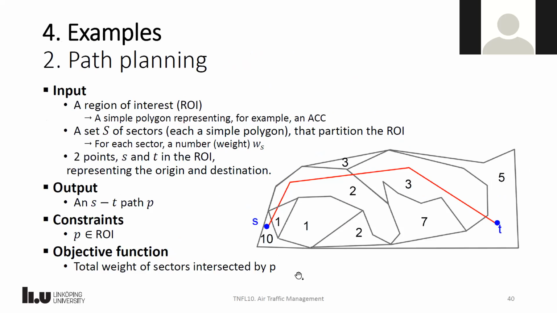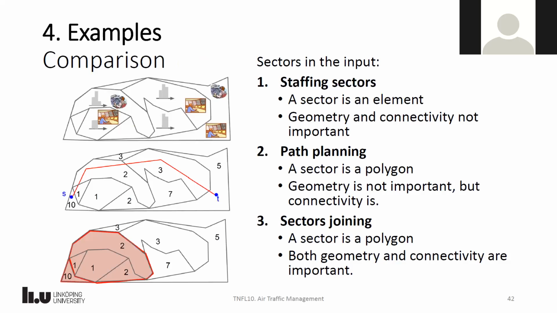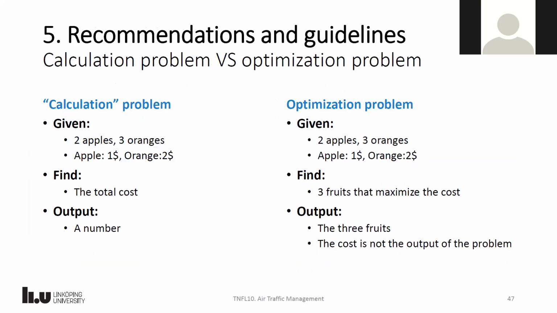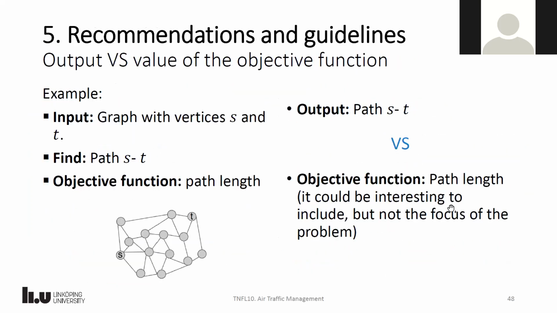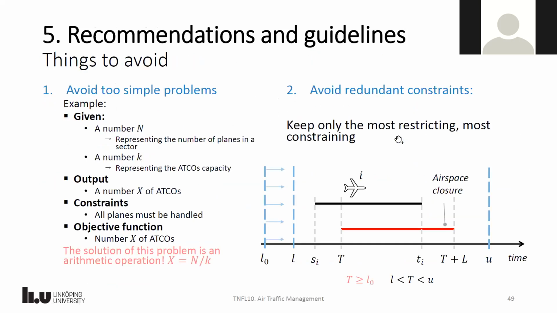You don't need the total weight. Who needs the total weight? You just need the paths. Maybe these values mean nothing to the pilot or the airline, but you want to give them information about the path. So sometimes the objective function value at the end is not even interesting. Of course, include it if you think it's necessary or interesting, but what we're looking for is the output of the problem.